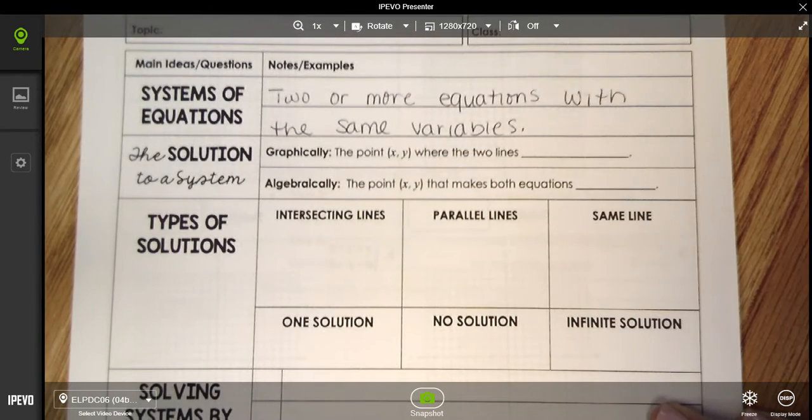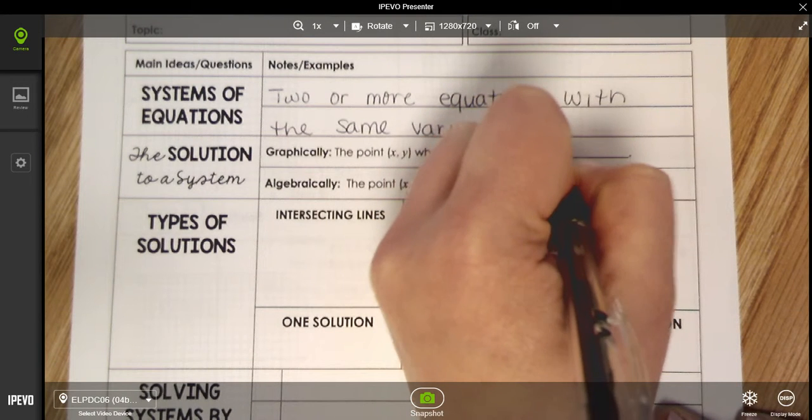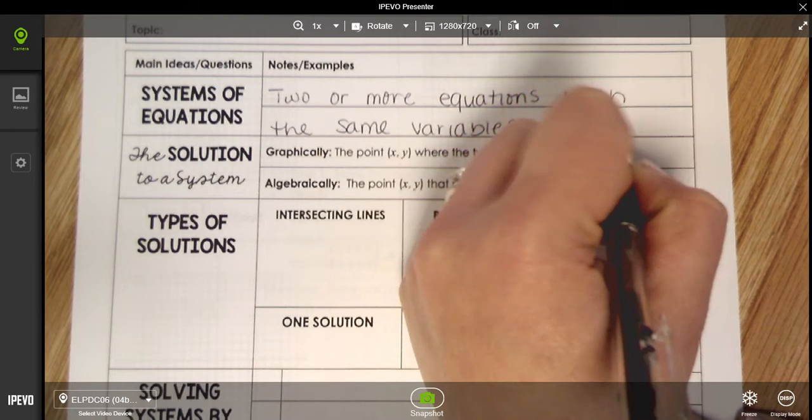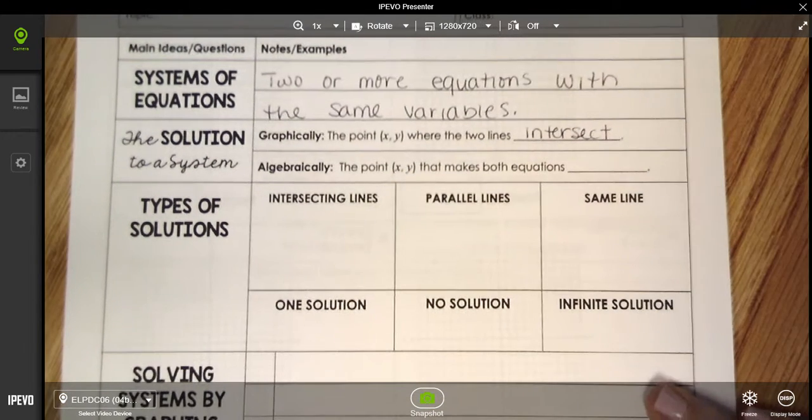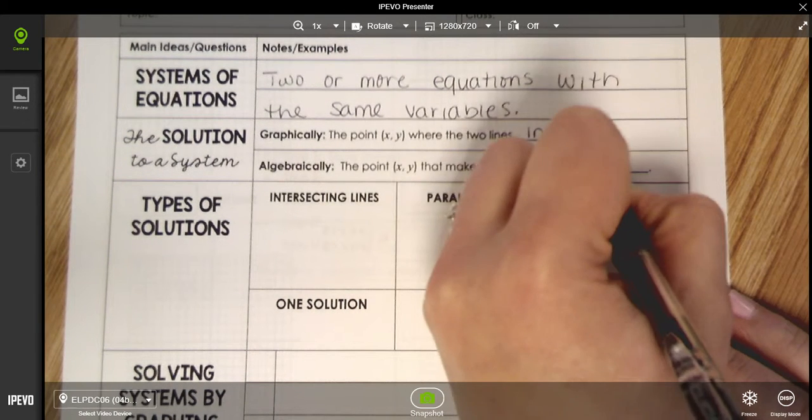Then underneath there it says graphically, the point x, comma, y, where the two lines intersect. So where the two lines intersect, that is your solution. Where the point x, comma, y, that makes both equations true.